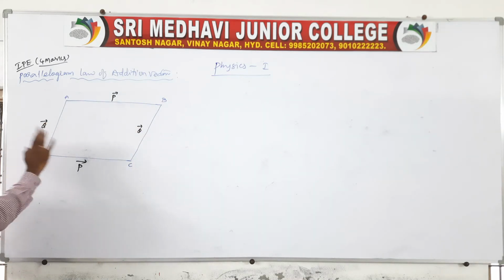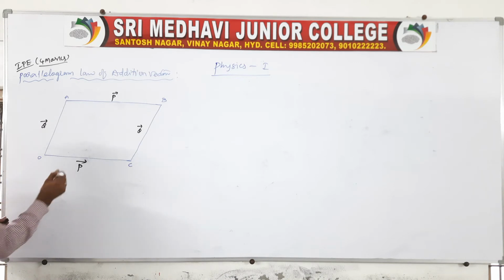that are adjacent sides of a parallelogram, and the angle between the 2 vectors you take as theta.